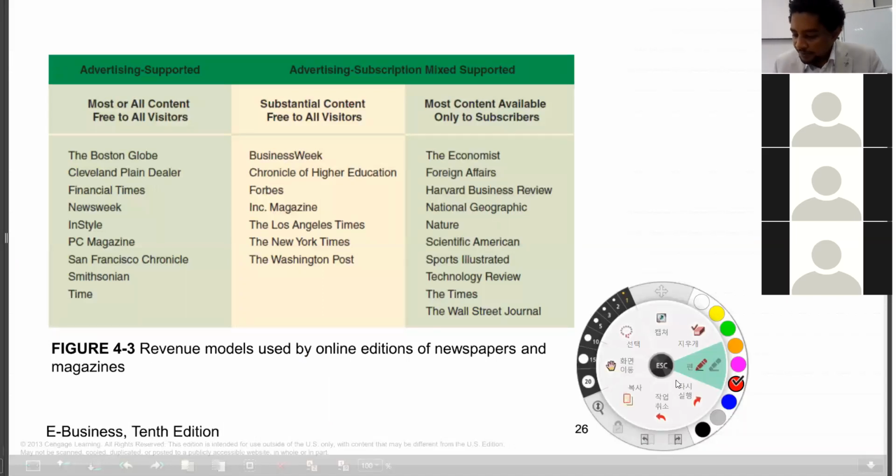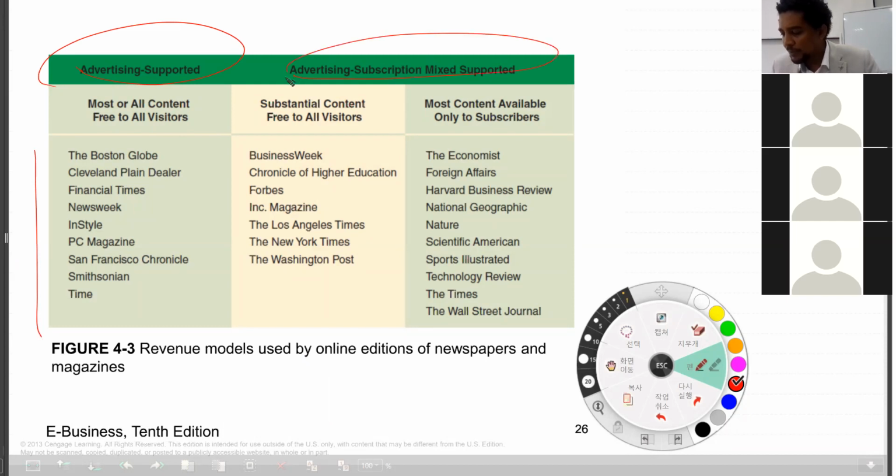So advertising supported, these are some of the businesses that use advertising supported, and advertising subscription mixed revenue model is some of these here. Okay, the Economist, Foreign Affairs, Forbes, for example, for Forbes you have to subscribe, but also the Forbes website has advertising, so they advertise different businesses.